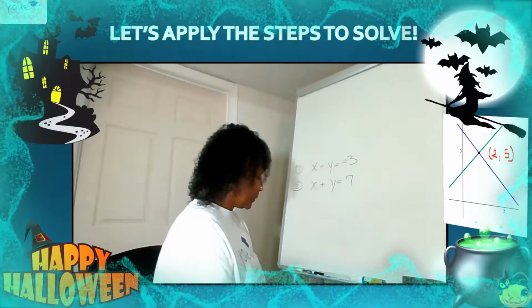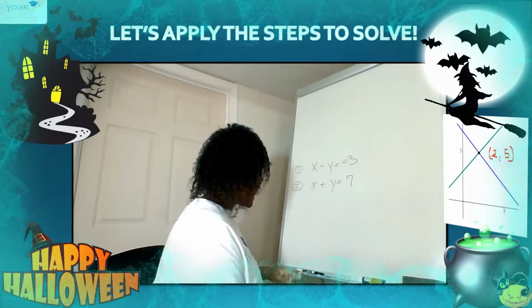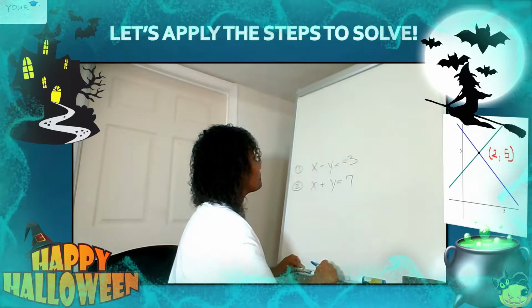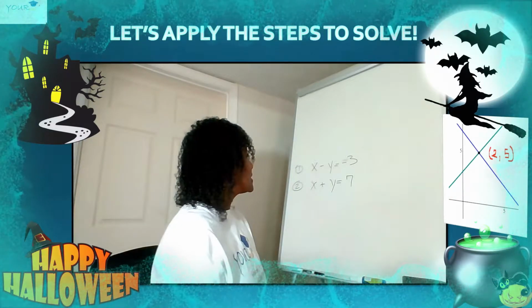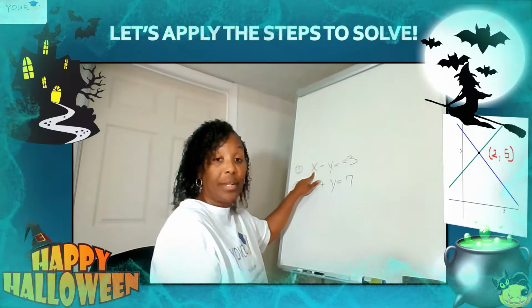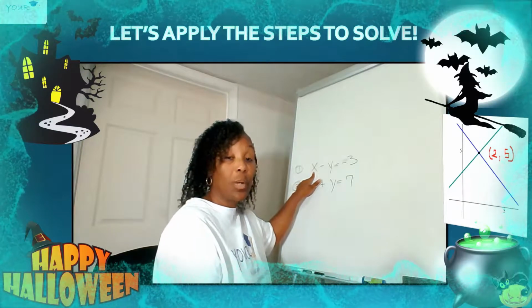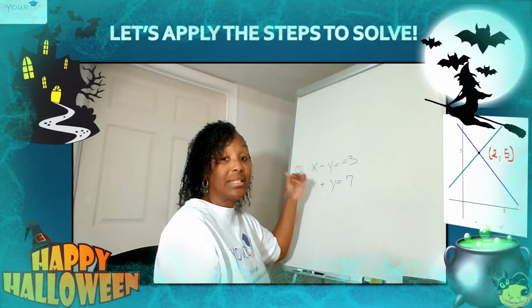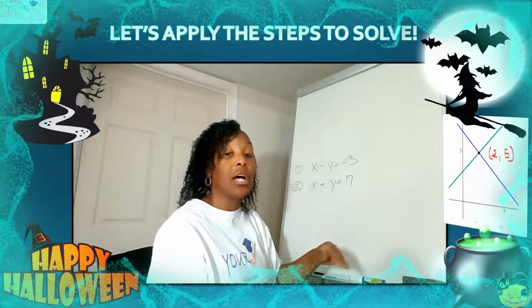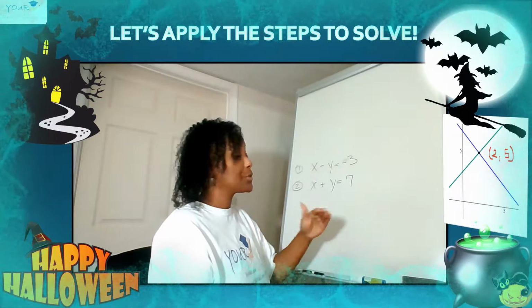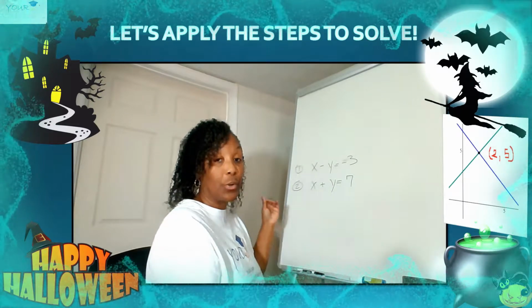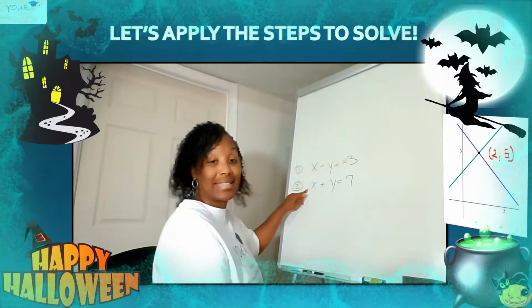In order to begin to solve your system of equations, you're going to first solve for one of your variables. It doesn't matter which one, you can solve for x or y, but you need to solve for one of your variables so that you can insert that information into your next equation.